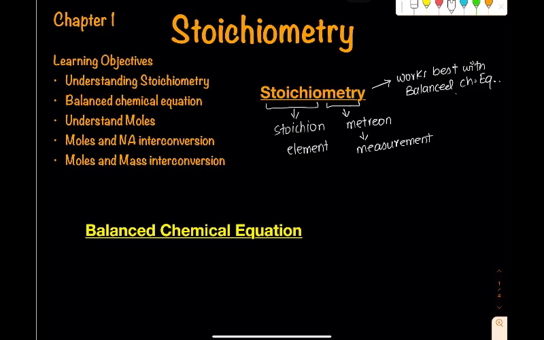So stoichiometry works with the amount of substances. We can also go deeper and work with the amount of elements present in a larger or smaller amount of substance. So it's not only about measuring the amount of substance in molecules or compounds.